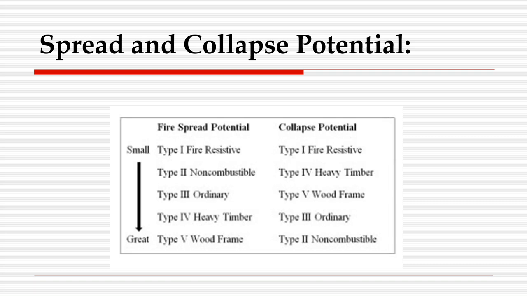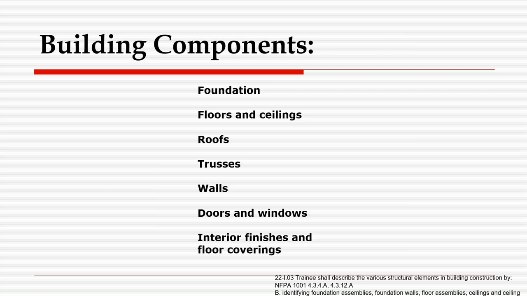So your collapse potential is very small in your fire resistive construction than it is in your type 2 construction, where that may fail much quicker. Again, these are generalities, not 100% true, but they are fairly accurate.